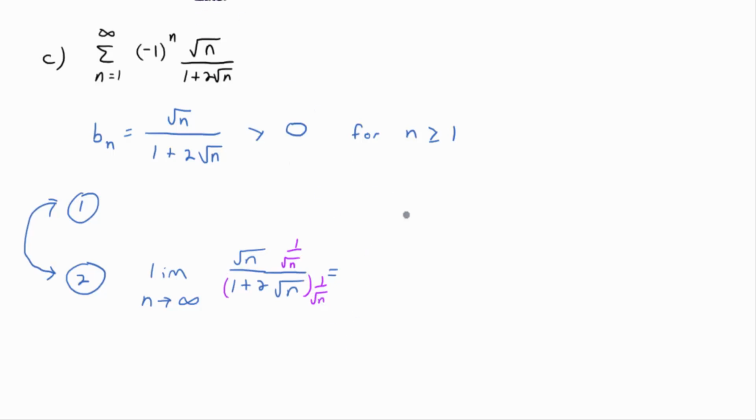And then you get 1 on top, 1 over root n, and 1 over square root of n plus 2 on the bottom, and then don't forget the limit symbolism. As n goes to infinity, this guy goes to 0, and you get 1/2. Are you allowed to just think of the square root of n as n to the 1/2?